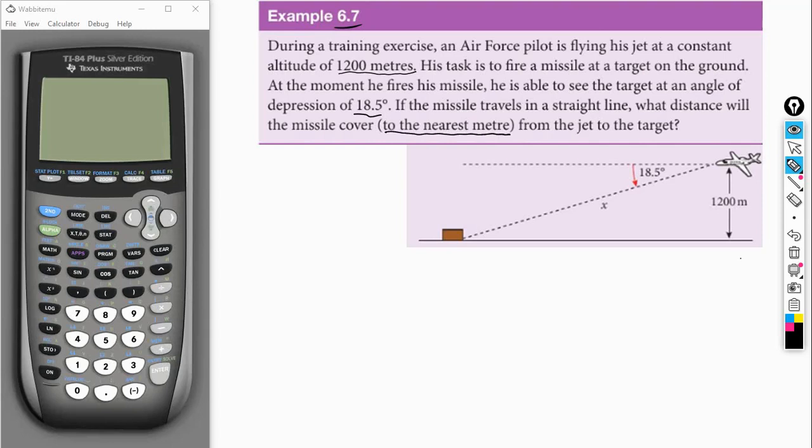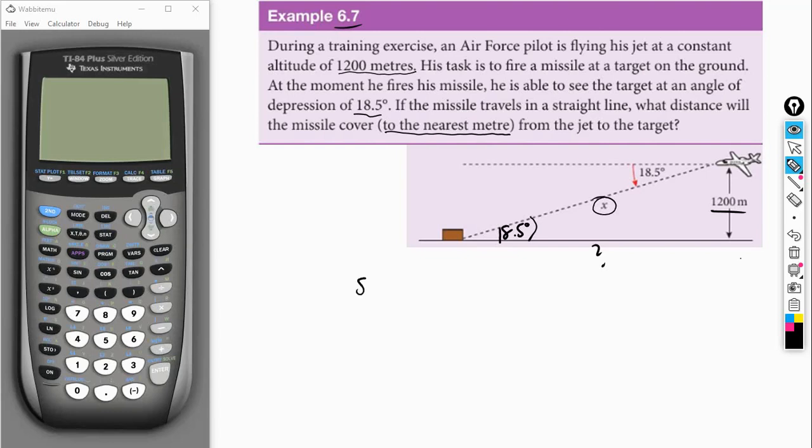Okay, so the first thing to remember here is that the angle of depression is equal to the angle of elevation. So that means that this angle here is also 18.5 degrees. So notice that in this case, we cannot use tangent because we don't have the adjacent side to the angle. But we have the opposite, which is 1,200 meters, and we need to find the hypotenuse. So we can use the function sine.